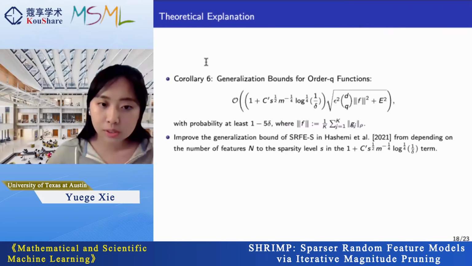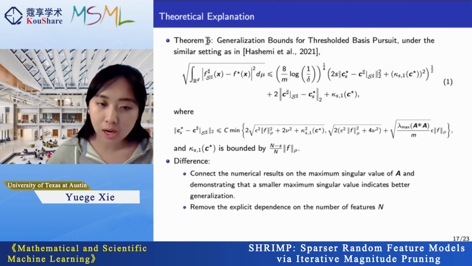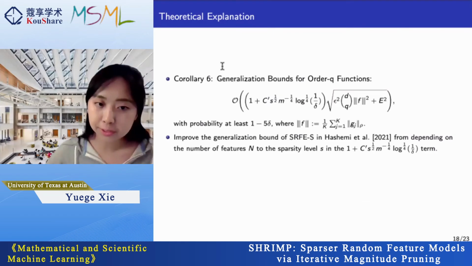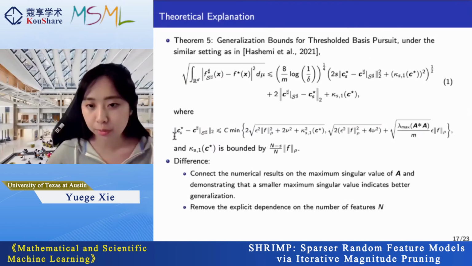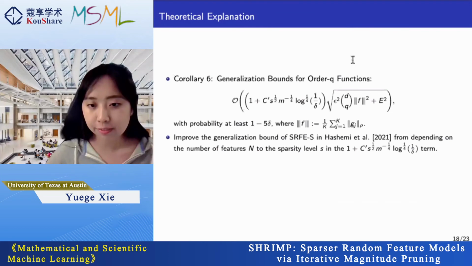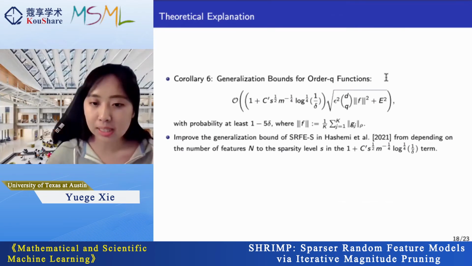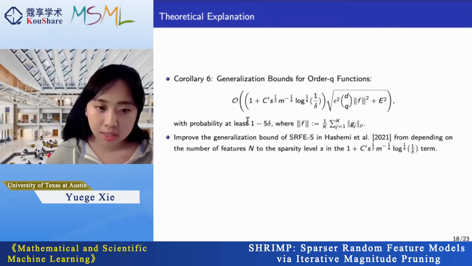And also from Theorem 5 in our paper, we have a corollary about the order Q functions. So the first one is for the general function, and especially for the order Q functions, we have the order here, and you can find the explicit expression in our paper and also the corresponding proof.